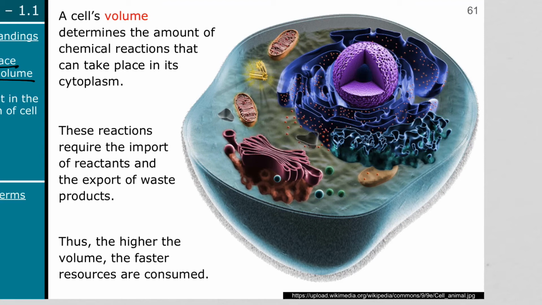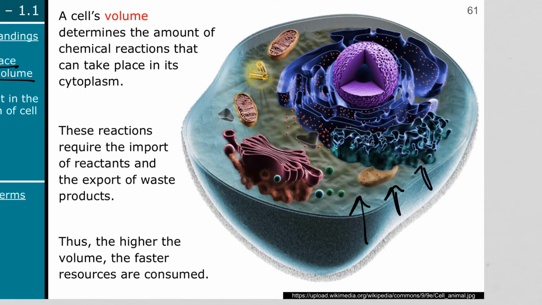So the larger the volume, the more chemical reactions, the more metabolism, the more stuff you're going to have going on inside the cell. Now, in order for all of this to be facilitated, everything that's required has to come in through the cell membrane, and everything that is generated as waste, or for the purposes of export, not just waste, but things that need to leave the cell for productive reasons, has to leave across the cell membrane.